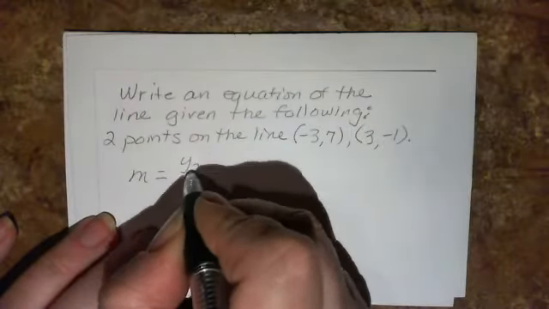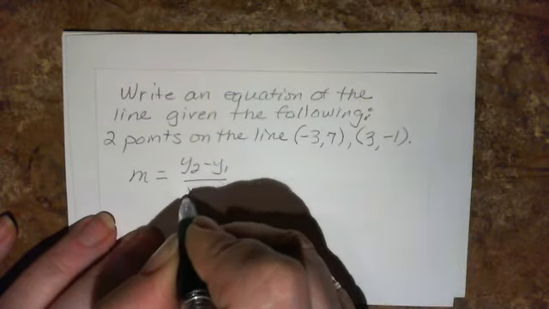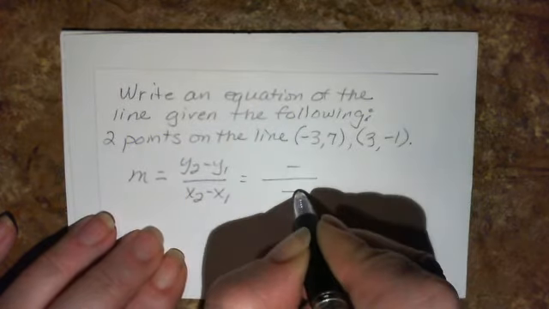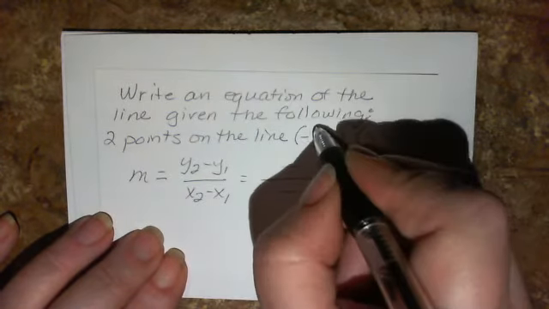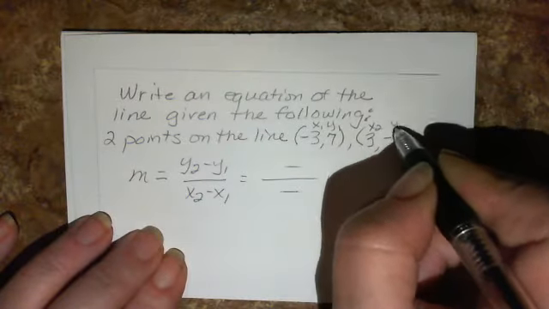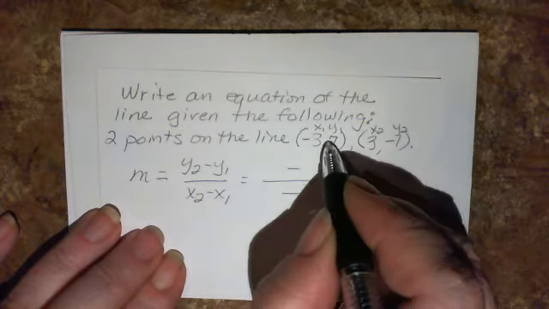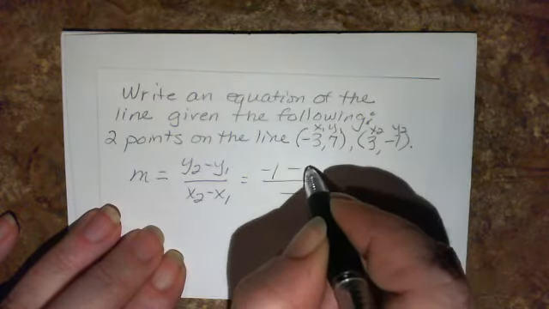So m is equal to y2 minus y1 over x2 minus x1. And again, let's fill the subtracts in and label. This is our first point, x1, y1. Our second point, x2, y2. So y2 minus y1 is negative 1 minus 7.